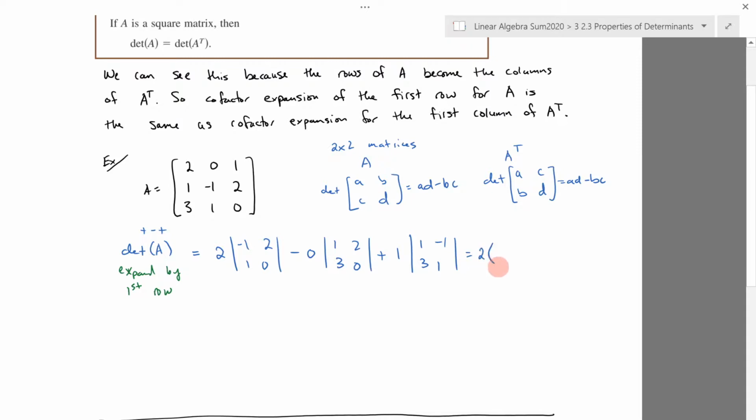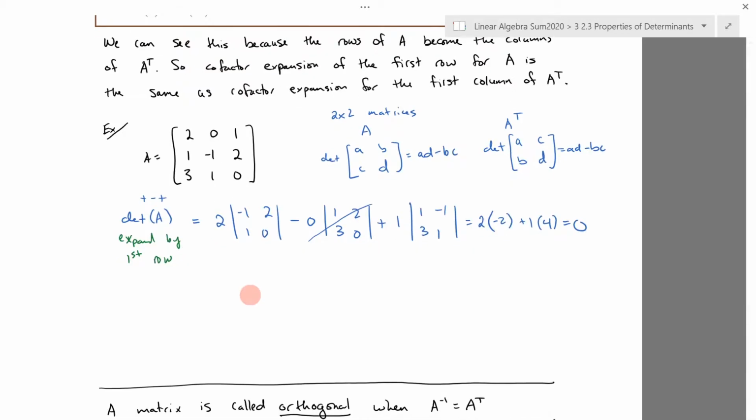This is 2 times 0 minus 2, so that's negative 4, plus 1 times 1 minus the negative 3, which is 4. So negative 4 plus 4 is 0. So the determinant of A is 0, expanding by first row.